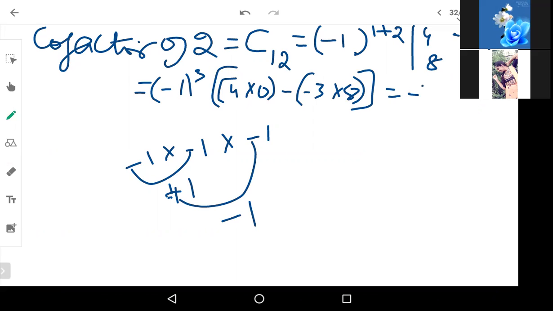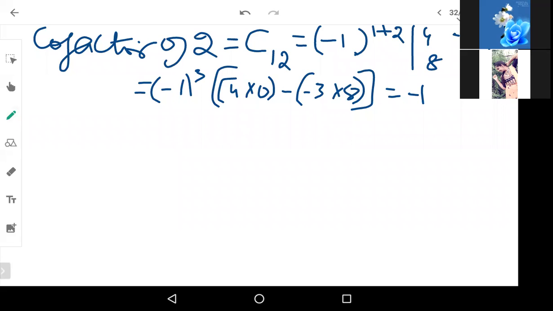So minus 1 cube is minus 1. Okay, next, into 4 zeros are 0, minus of 8 threes are 24. So minus of minus 24 is minus 1 into 24, which is nothing but minus 24 is the answer.